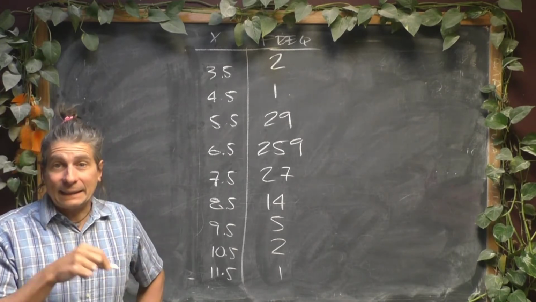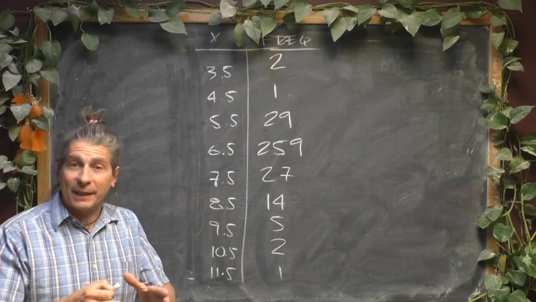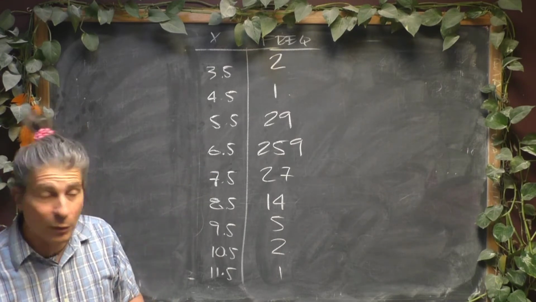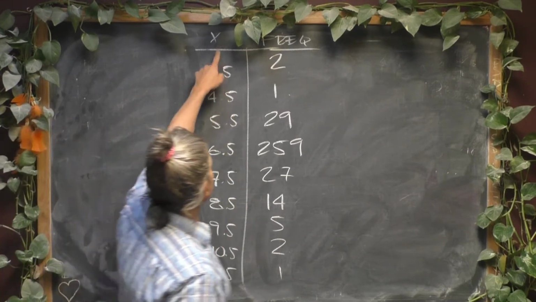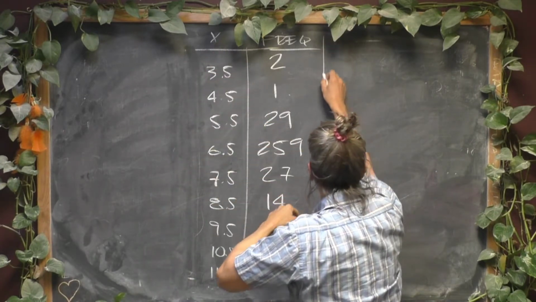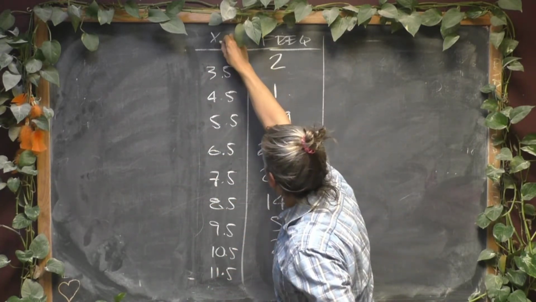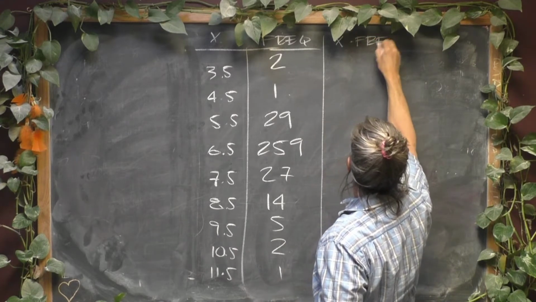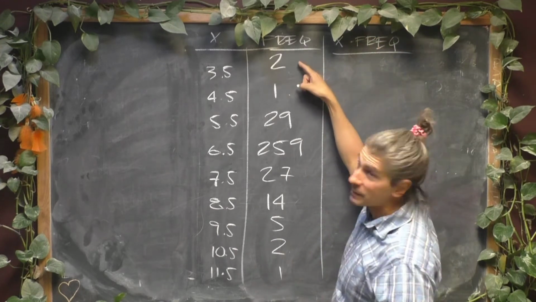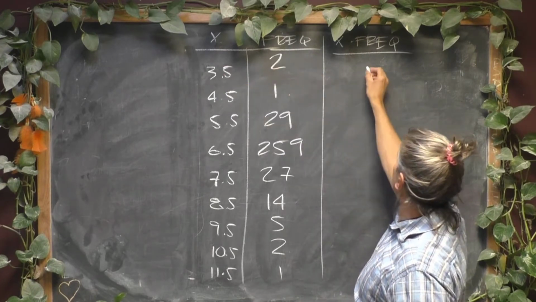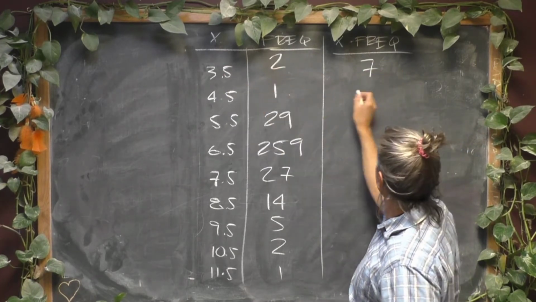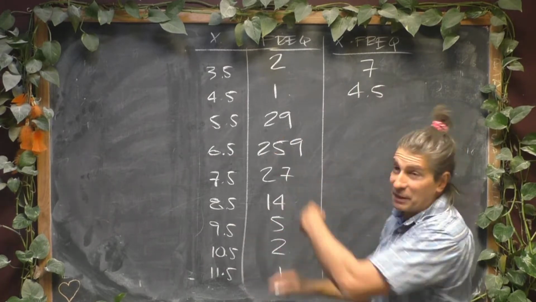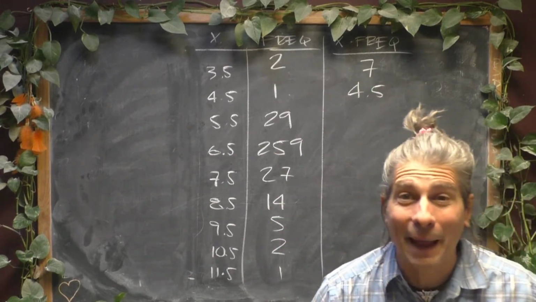So I think the easiest way to do it is to use the multiplication that we talked about back in Math 105 and even Math 98. We're going to take each x value, and I'm going to make another column here. We're going to take each of these x values, each of the data points, and multiply it by how many times it shows up, or the frequency. So we'll do 3.5 times 2, and that's going to give us 7 miles. 4.5 times 1, and that's 4.5. The rest of these I already did because I knew I couldn't do them in my head.